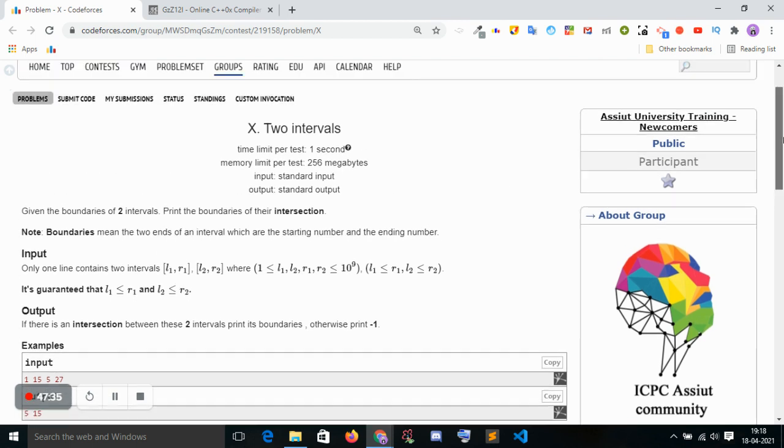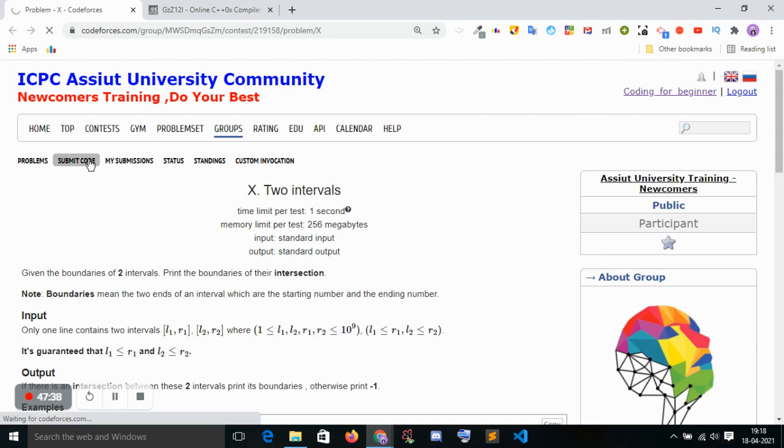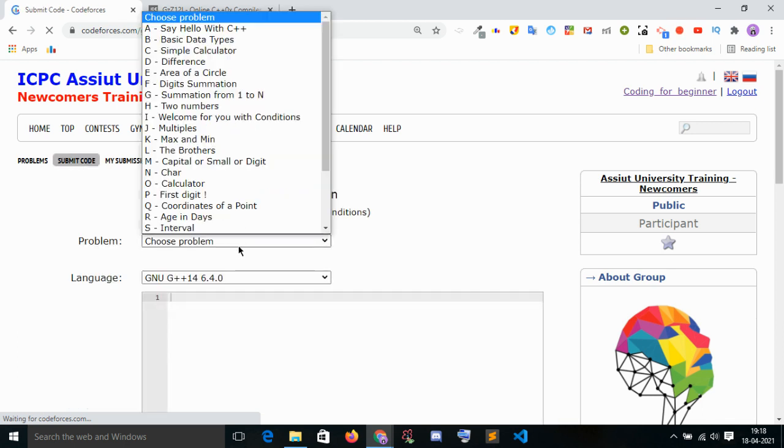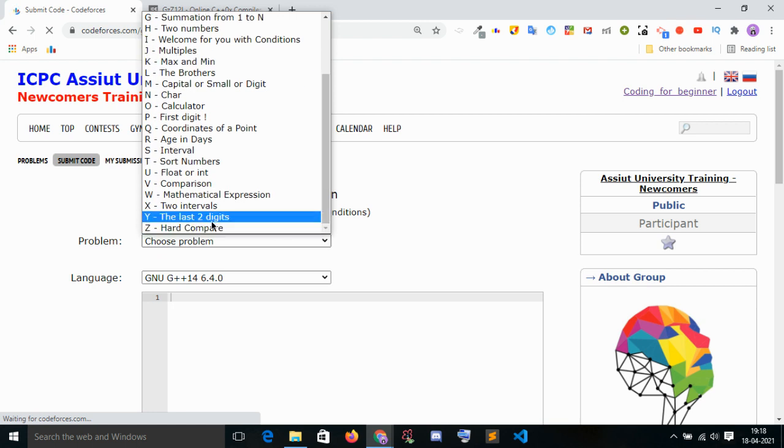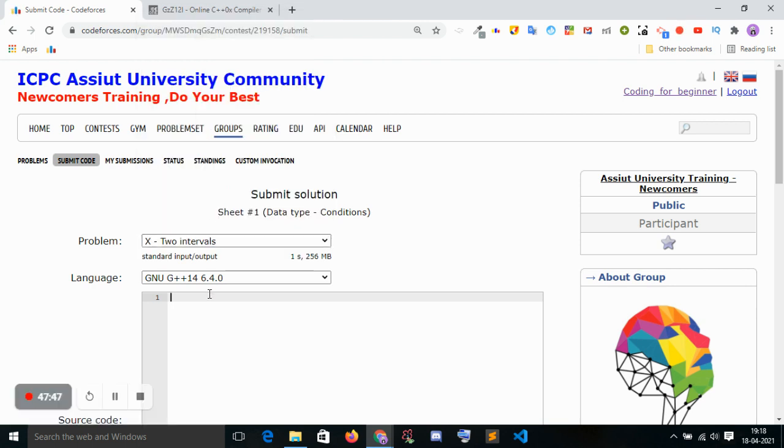It has become a very long video, but sheet one is completed. We'll definitely go forward and try to solve sheet two. It is a very good problem.